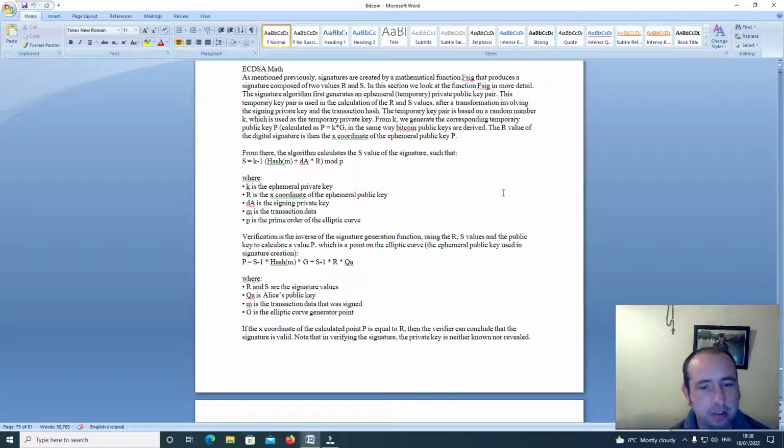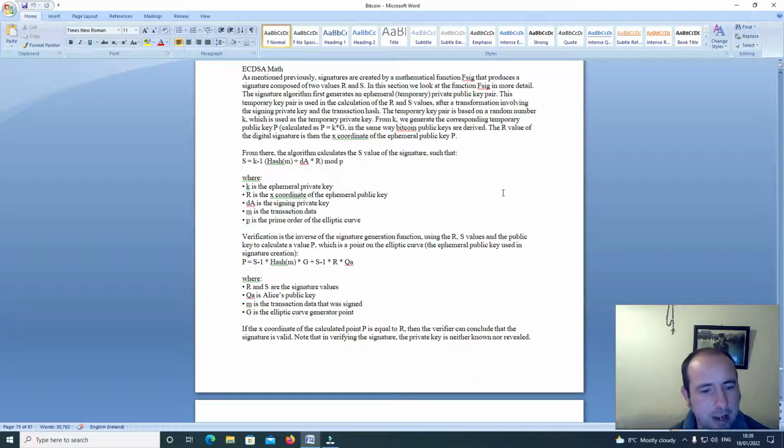Verification is the inverse of the signature generation function, using the R and S values and the public key to calculate a value P, which is a point on the elliptic curve, the ephemeral public key used in the signature creation.